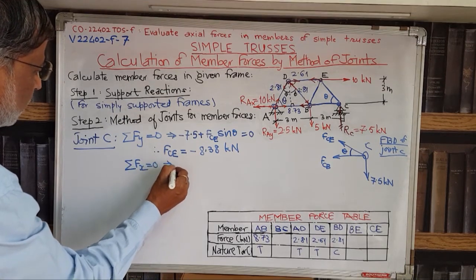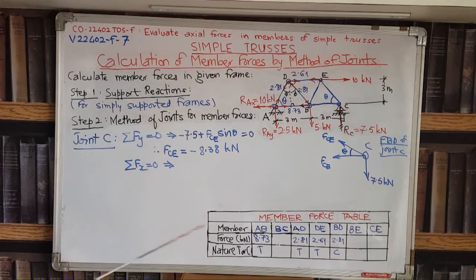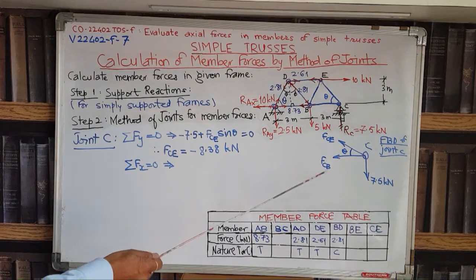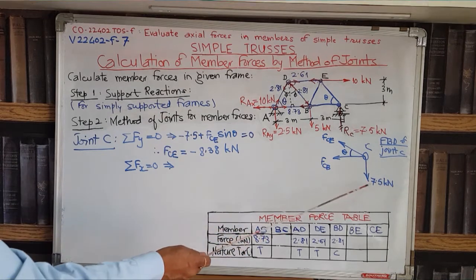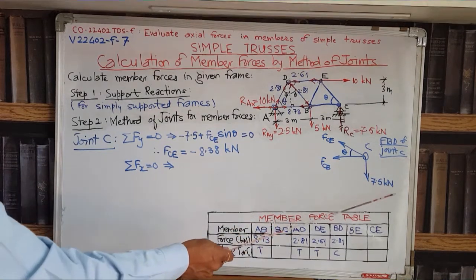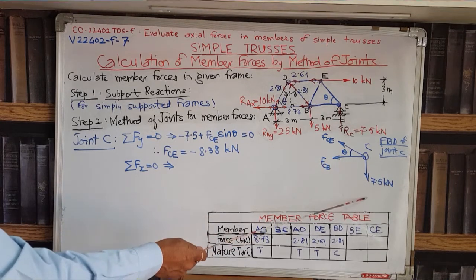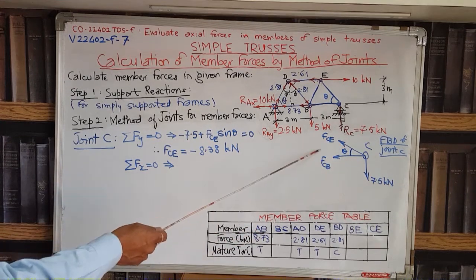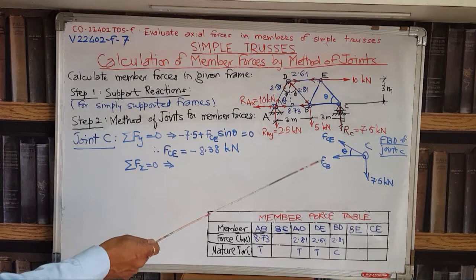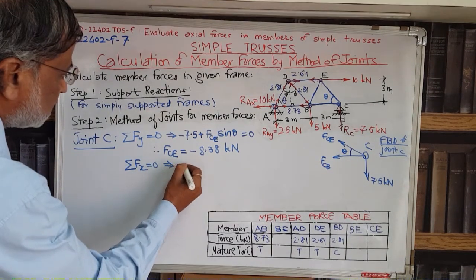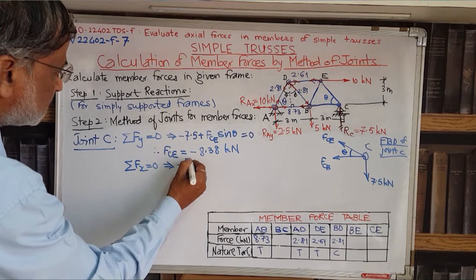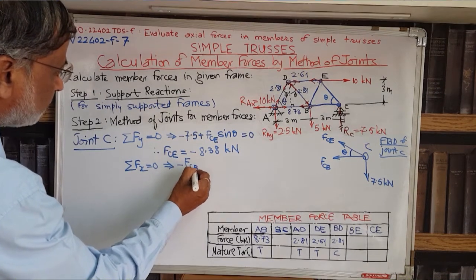This condition is going to give us the value of the other member force. So let us again apply this condition to all these three forces. The first force is 7.5 kN vertically downwards, so it does not have an x component. Second is FCB. FCB is in the x direction and it is towards left, so it will be minus FCB.